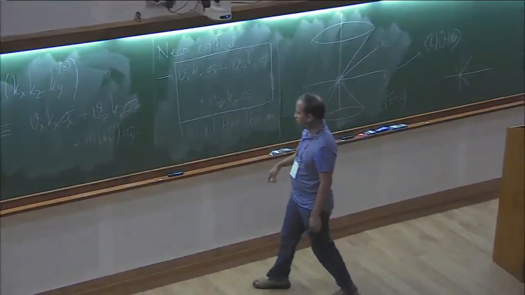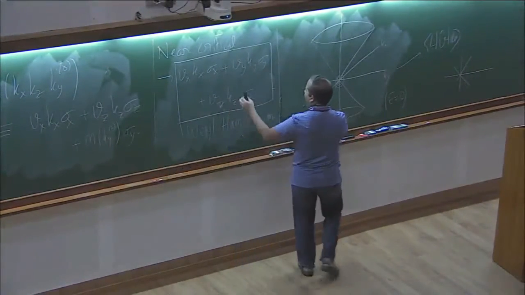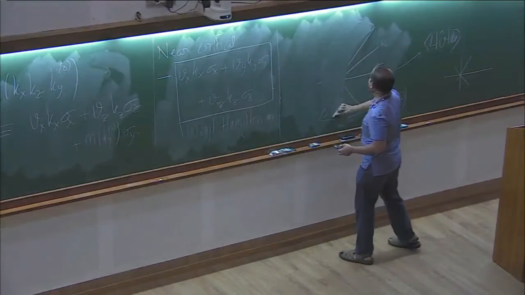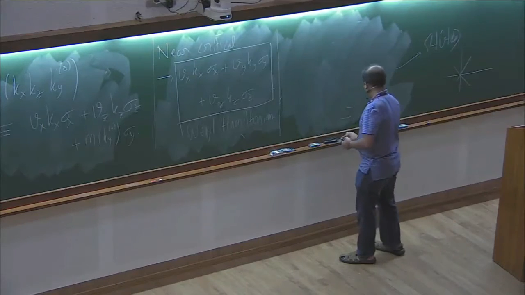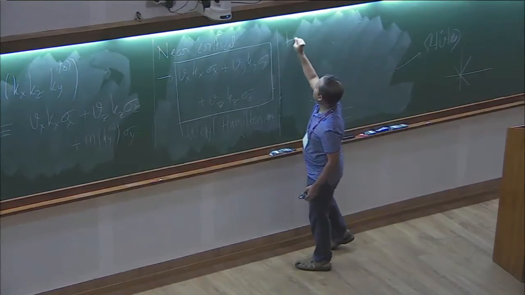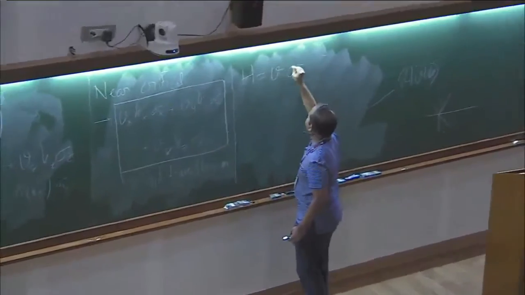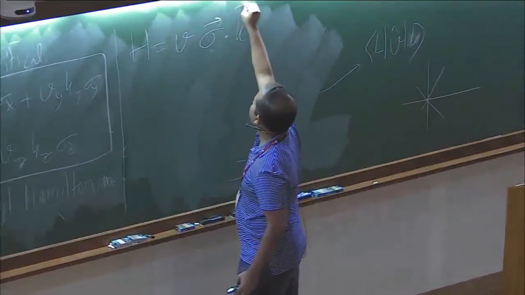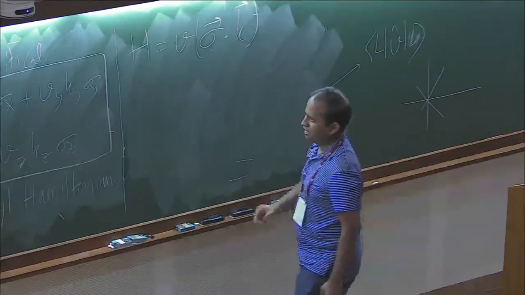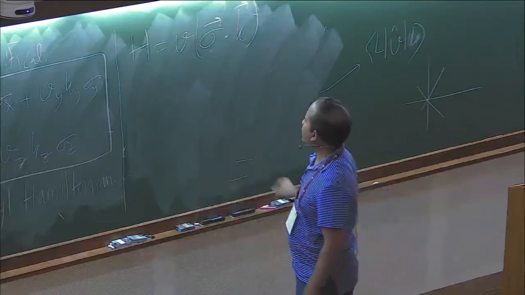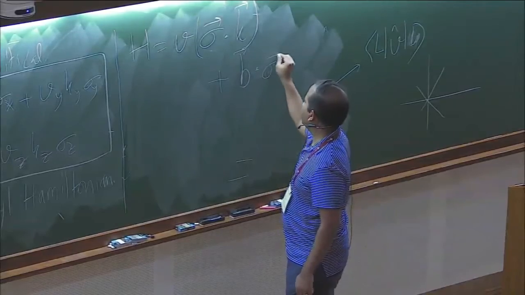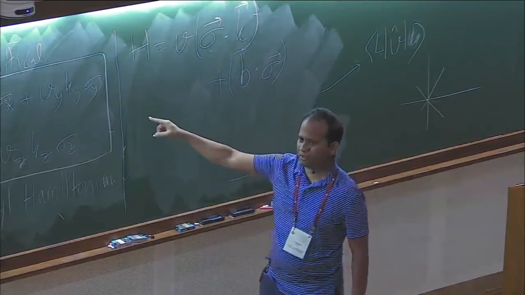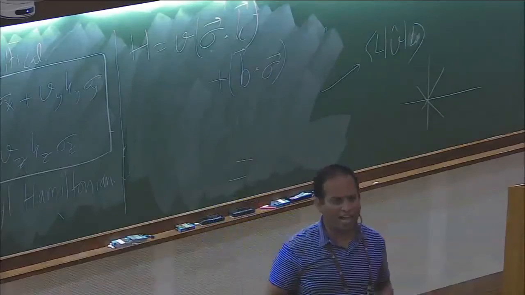And the beautiful thing about this Weyl Hamiltonian is that you can see right off why it stays. Let me get rid of the anisotropy of the velocity. That's just a rescaling. If I have my Hamiltonian to be V sigma dot K, I assume all the V's are the same. If I add any perturbation to it, B dot sigma, this is a 2 by 2 Hamiltonian, so the simple perturbation that I could add is a random magnetic field.